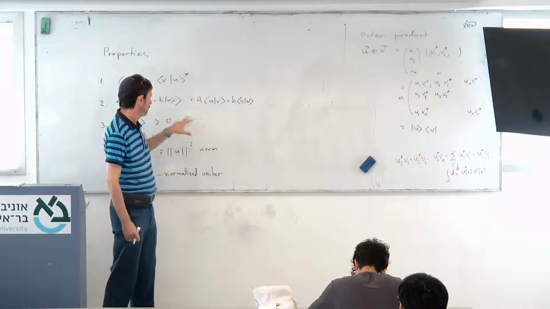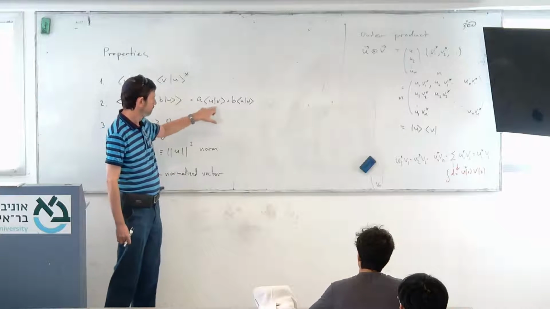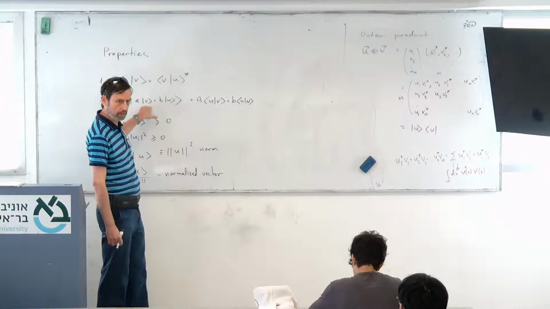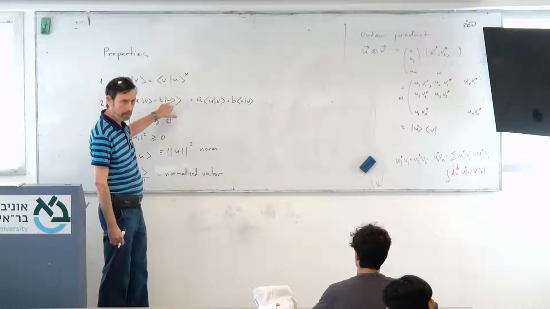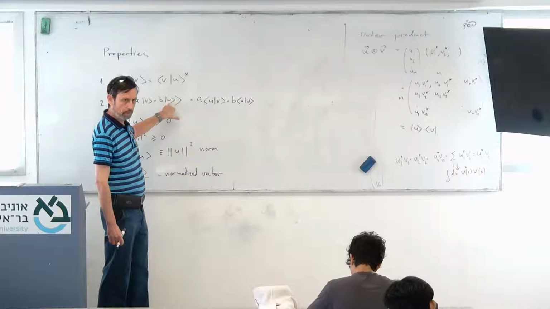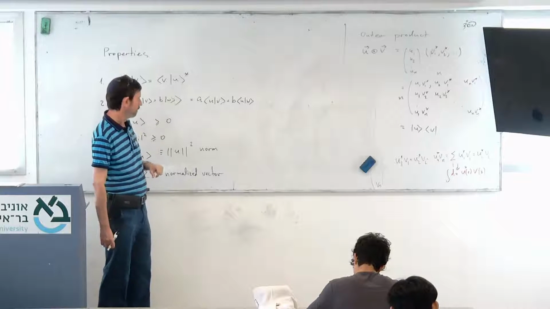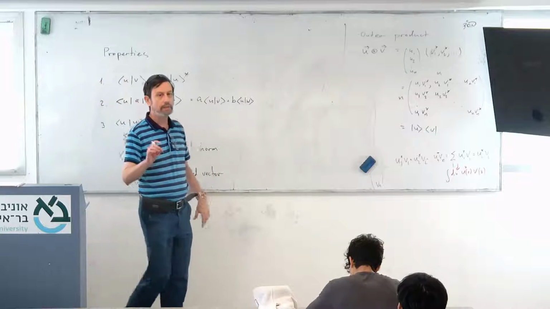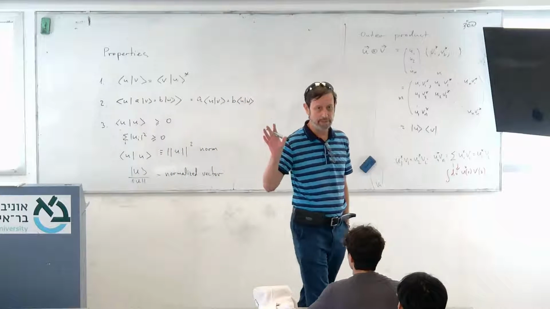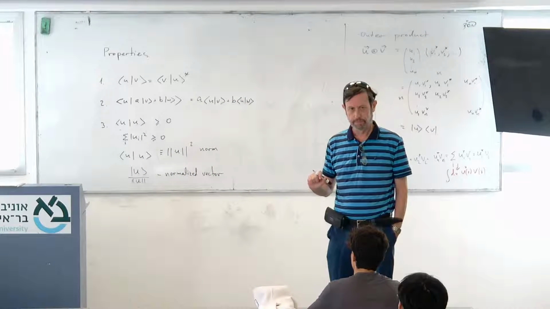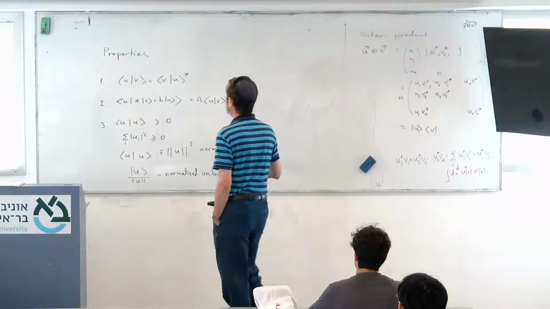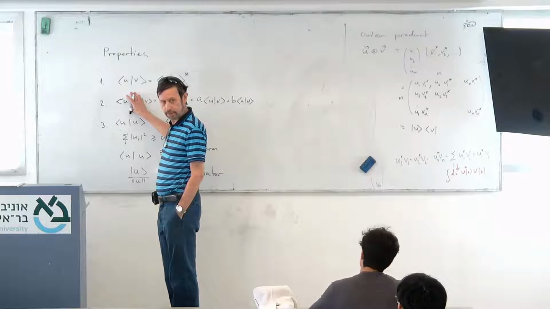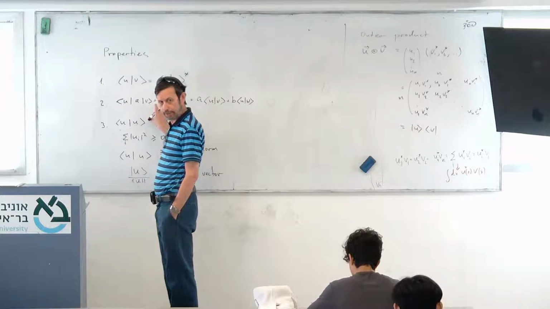A scalar a times vector v, scalar b times vector w. What's u? It's a vector also. Everything that appears in a bra or a ket is a vector. That's just to remind us that the result of this summation is a vector.